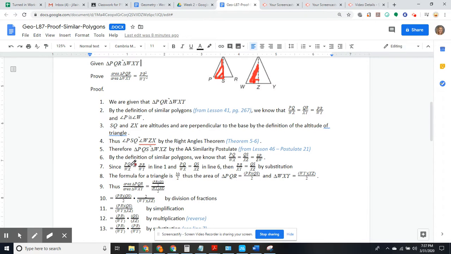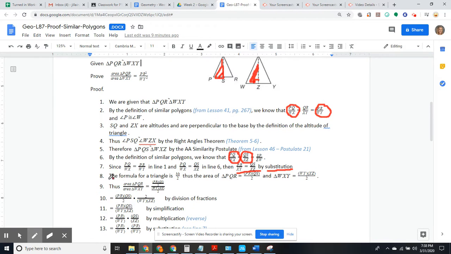Since PQ over WX, which is right here, is equal to PR over WY in this triangle, and we know that the exact same ratio PQ over WX is also equal to this ratio, then we can substitute that. PR over WY is going to be equal to QS over XZ by substitution. We're going to need this for the remainder of our proof.